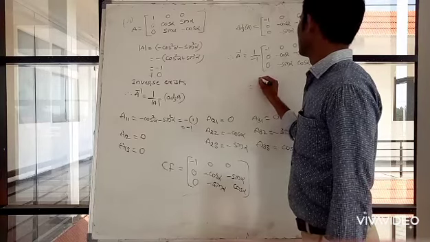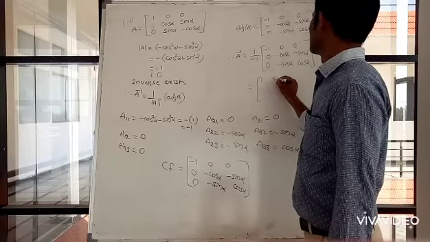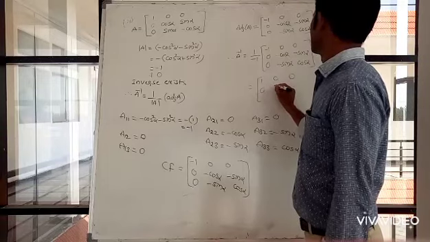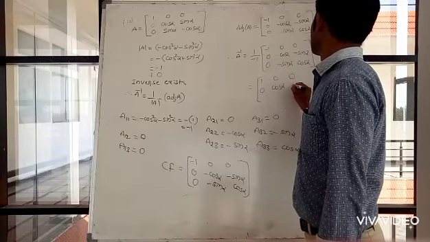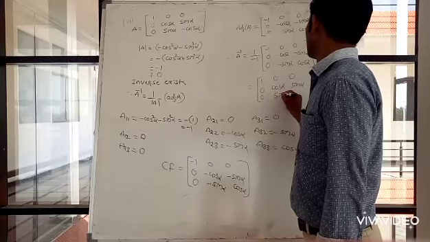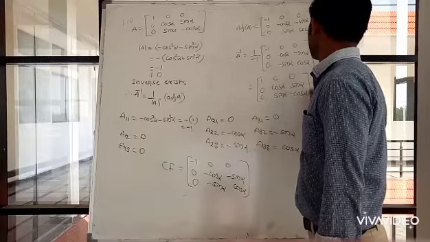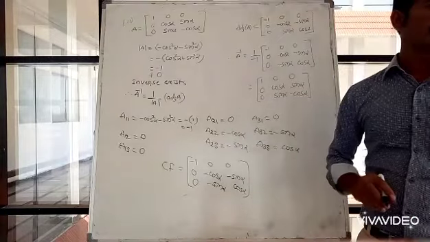Multiplying by the minus sign, we get 1, 0, 0; 0, cos alpha, sin alpha; 0, sin alpha, minus cos alpha. This is the inverse of A.